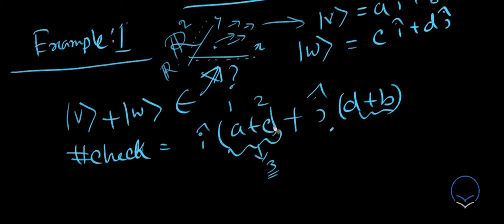That is, this a plus c also lies in the field R squared, and d plus b also lies in the field R squared, and as a result this whole thing also lies in this vector space. So the first one is checked, that is, the first property is checked.